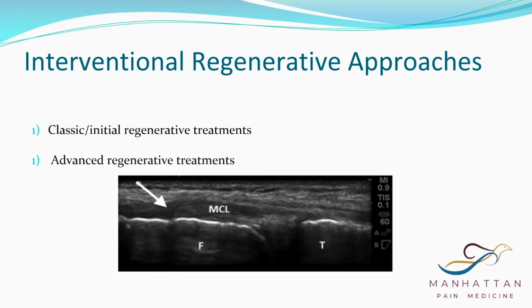Oftentimes, prolotherapy will do an injection every other week for two to four sessions, piggybacking on that inflammatory response. But if the patient is still having a lot of inflammation, then we can wait a little bit longer.